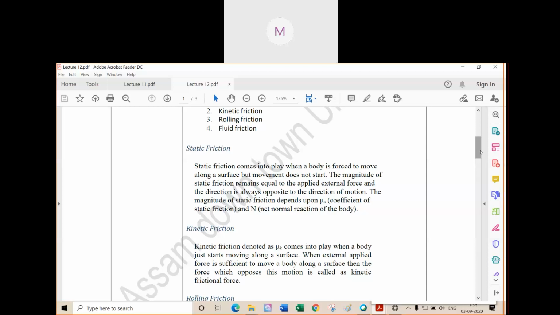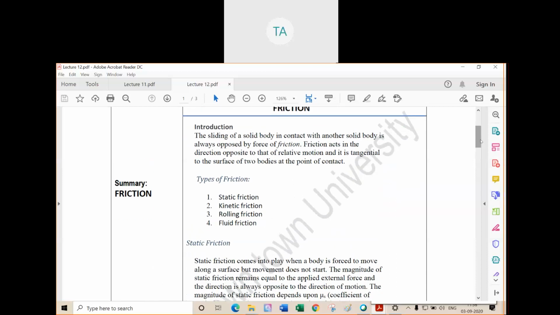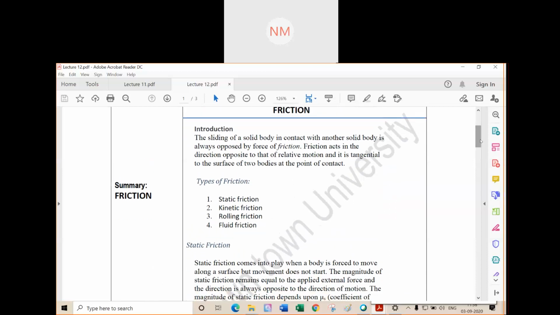Then what happens? Suppose one surface is sliding over another. Then what will happen? It will experience the opposite force, that opposite force is known as the friction.